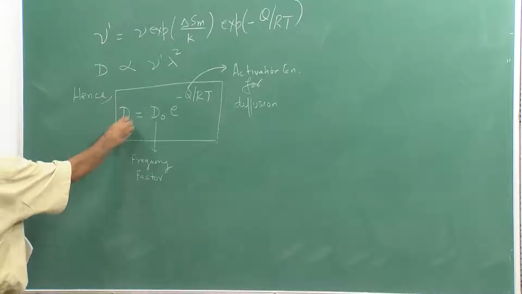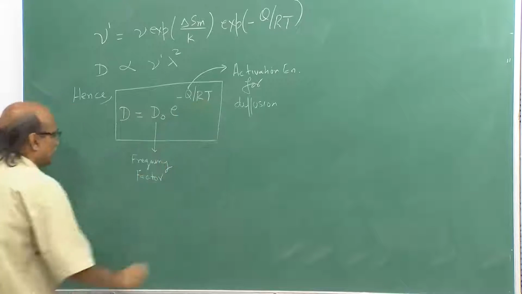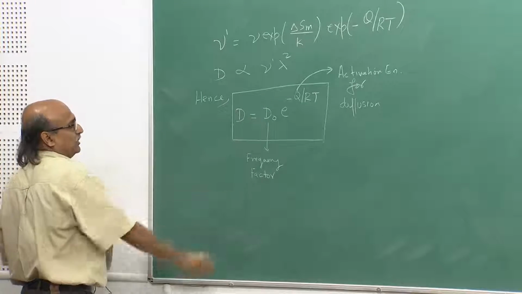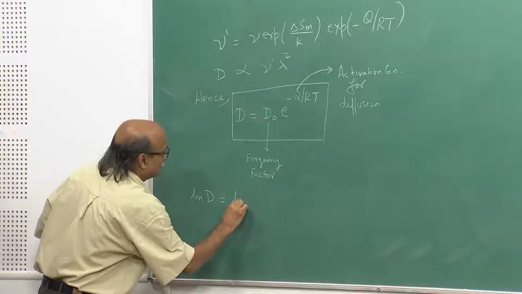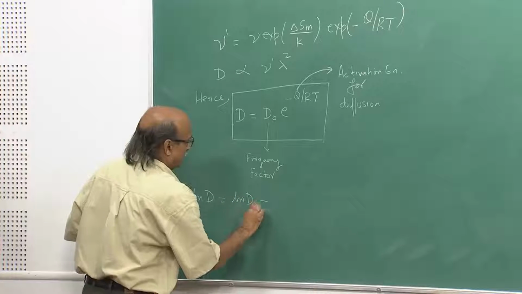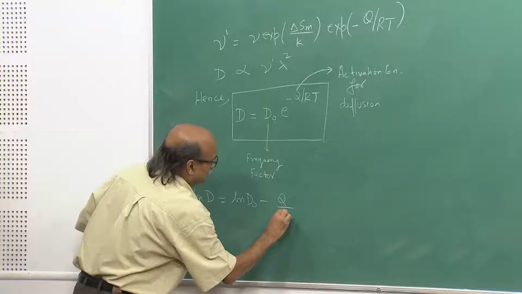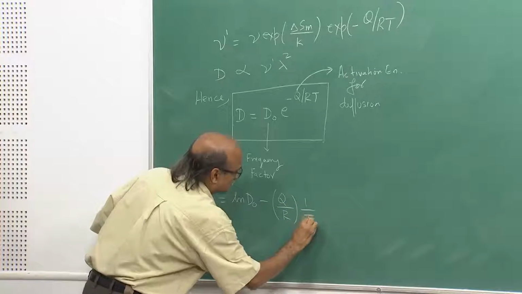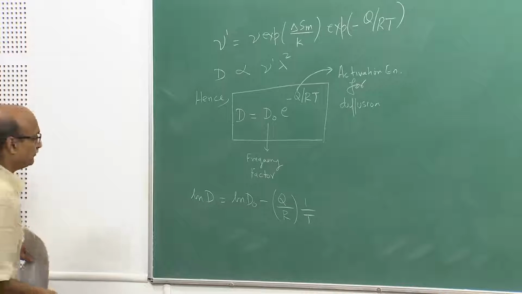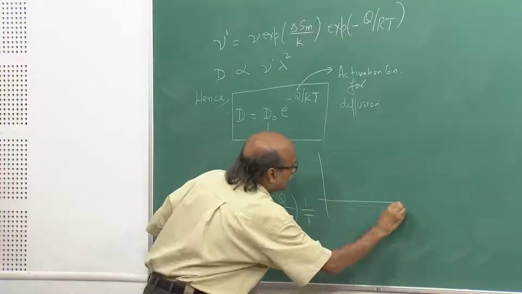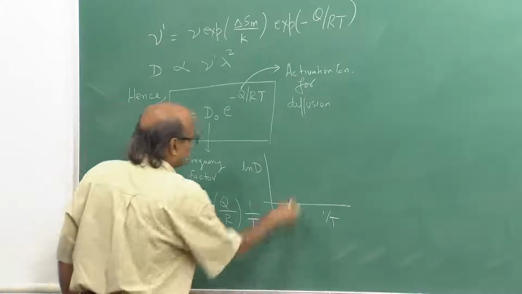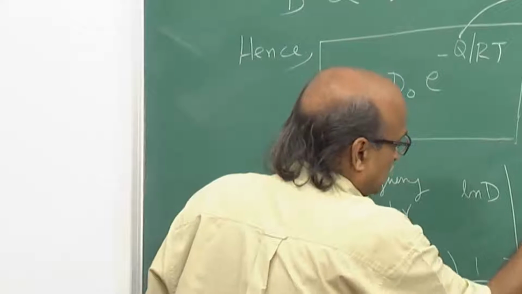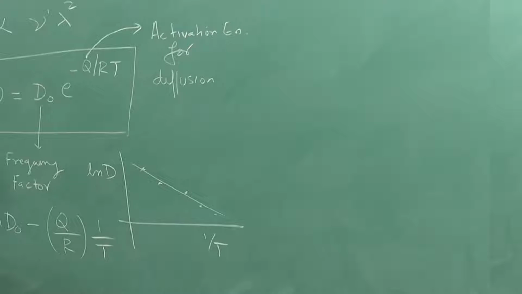I will get diffusion coefficient values D for different temperatures, and suppose I take logs of this equation, then log D is equal to log D0 minus Q by R times 1 upon T. If I plot log D versus 1 upon T and put in the data points I get for different temperatures, they should fall on a straight line.